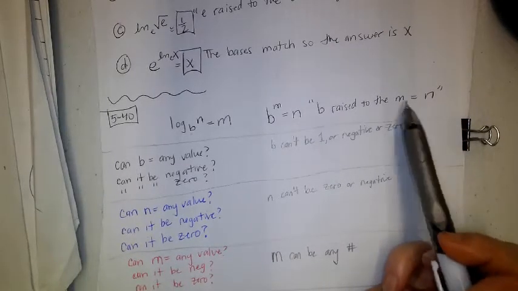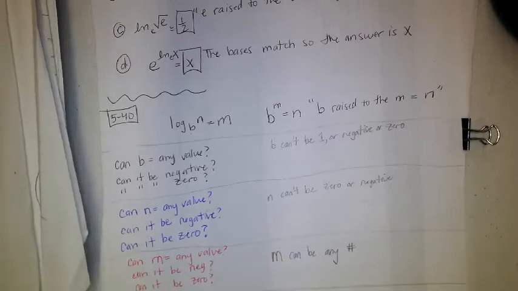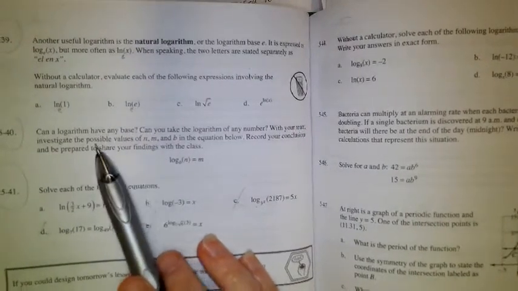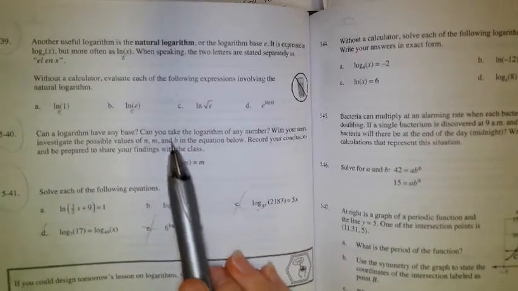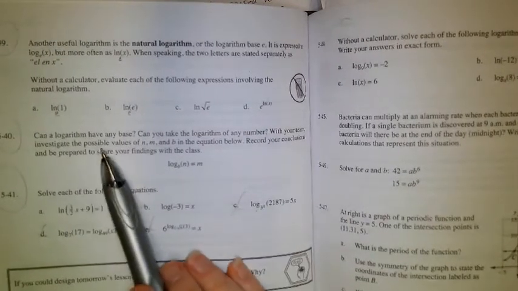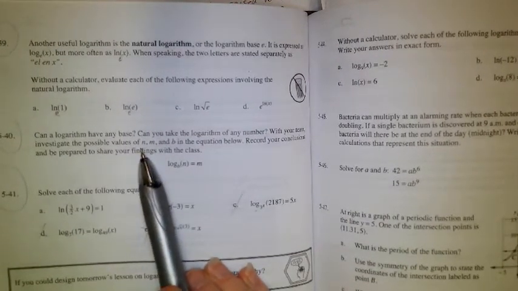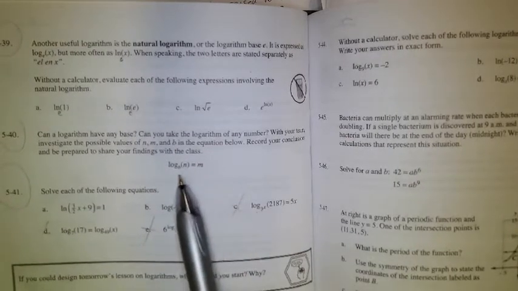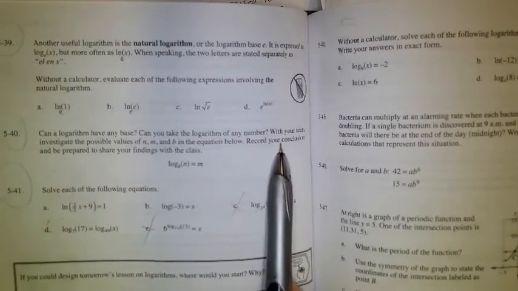Now in 5-40, the question says, can a logarithm have any base? Can you take the logarithm of any number? With your team, investigate the possible values of n, m, and b in the equation below. That's the equation I have written on my paper.